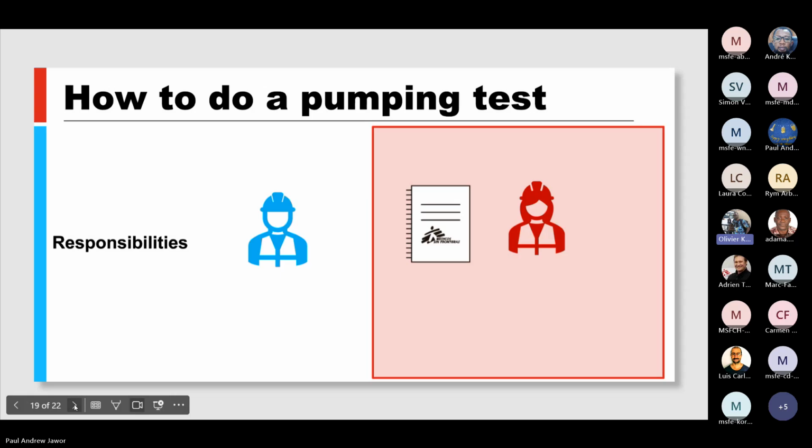So that's the procedure that we should use generally for all of the pumping tests. One thing I did not mention, and which is of utmost importance, is that once we start our step drawdown pump test and eventually the constant rate pump test, should we stop the pump at any given point in time for any given reason, then we have to stop the test.